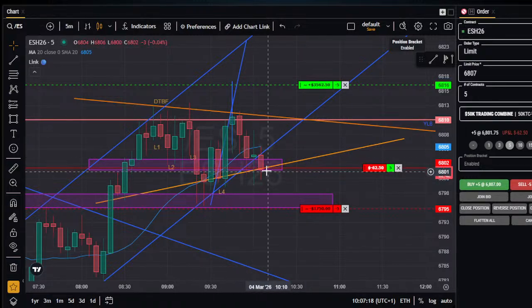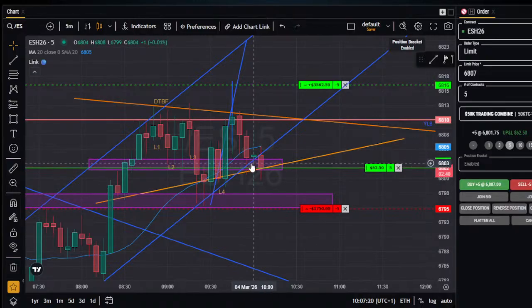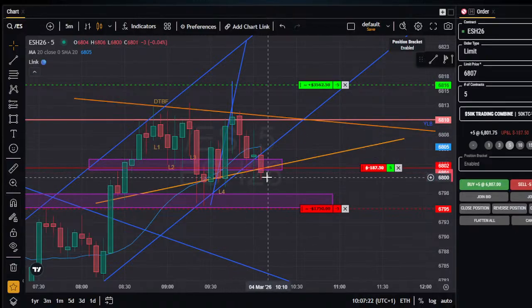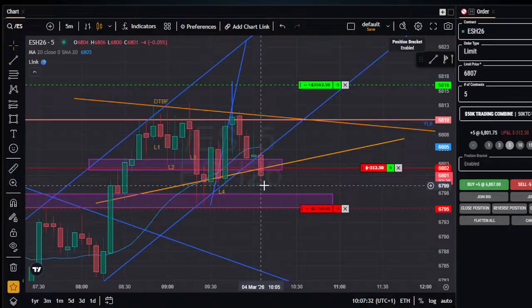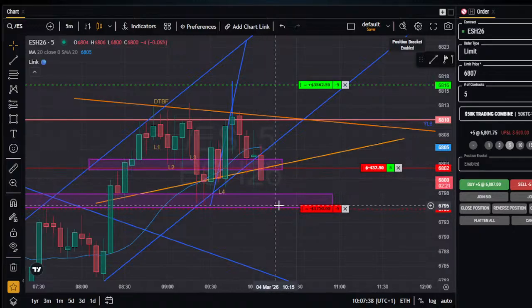So we have this barbed wire right here. This is not a good area to enter on breakouts, but to limit order scalp. So you would buy here and scalp out in the middle, because the market is prone to reverse.